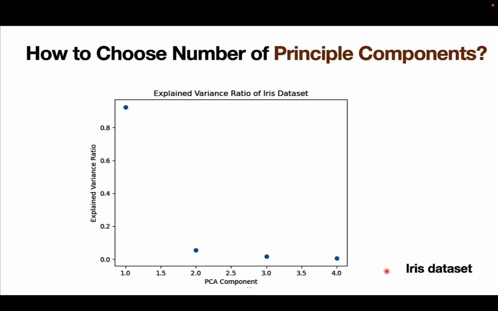Now we get to an important question: how to choose the appropriate number of components. For each principal component, we can compute the explained variance ratio, which is going to tell us how much variance this principal component captures. And we try to find a good place inside this graph to cut the number of principal components.